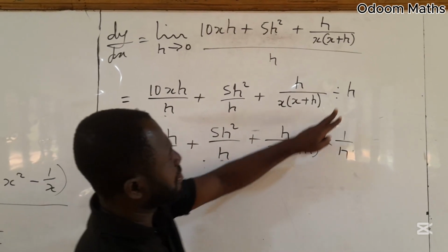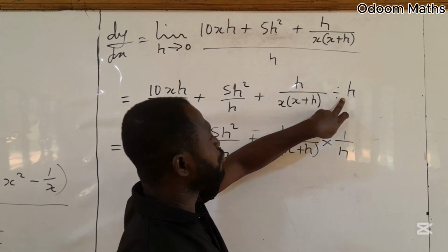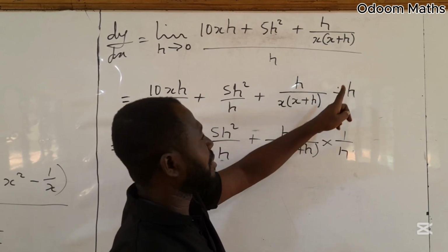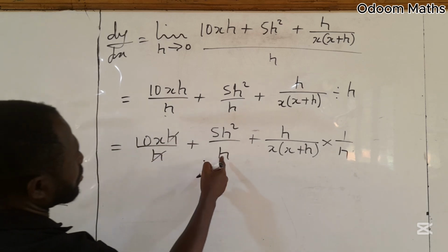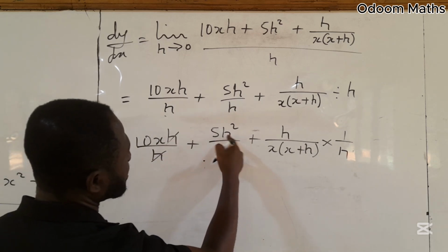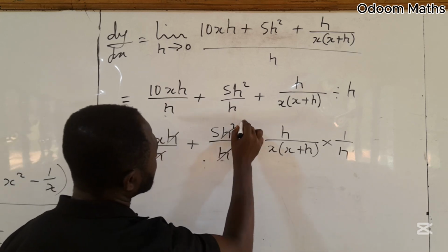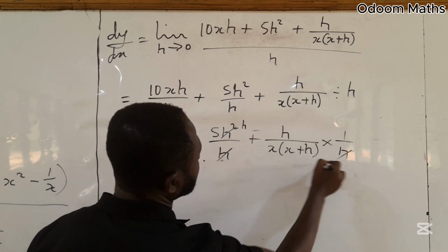That is the fraction rule: you turn this upside down and change to multiplication. So one of this will cancel one of this, and here we get h. This also takes care of this one.